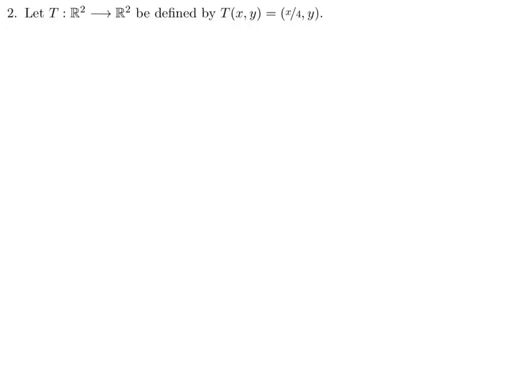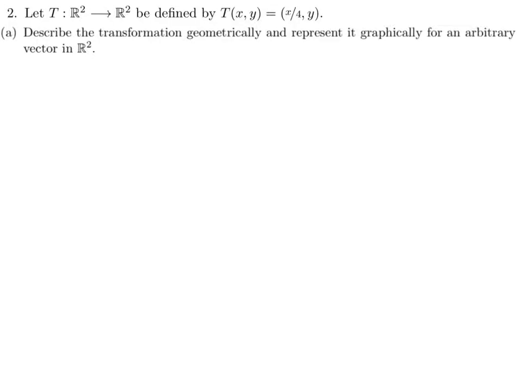Example 2, we have a linear transformation that's defined to be T of the vector x, y becomes the vector x over 4, y. So part A says, describe this transformation geometrically and represent it graphically for an arbitrary vector in R2. So let's get the standard matrix for this transformation. So T of 1, 0 and T of 0, 1 are going to be our columns.